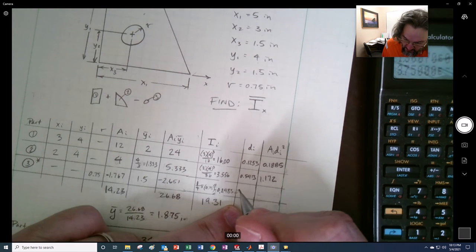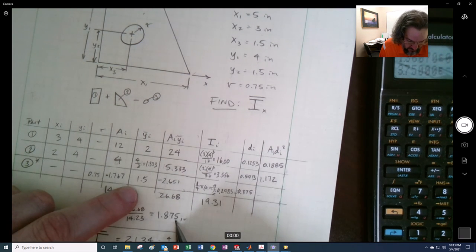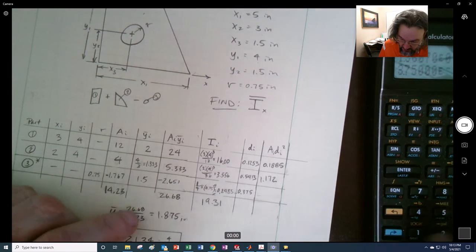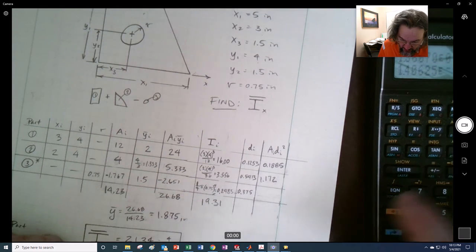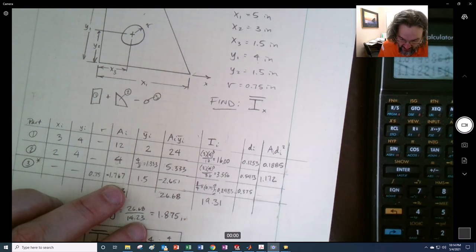So there's the go. There should be the 0.375. That looks reasonable. And then square that and multiply it by 1.767. But now we're going to subtract. Oh, damn. And I wanted to write that number down.